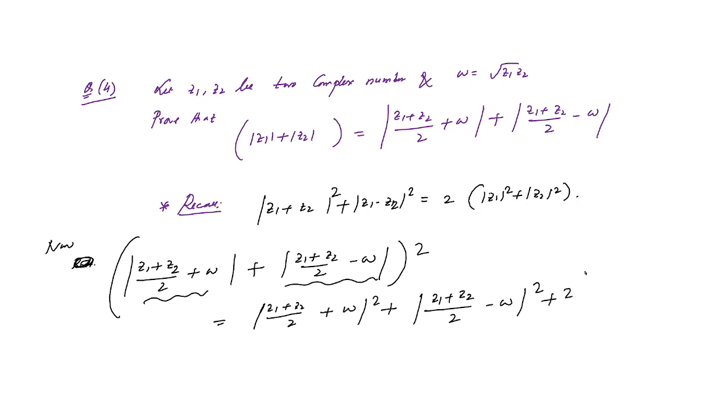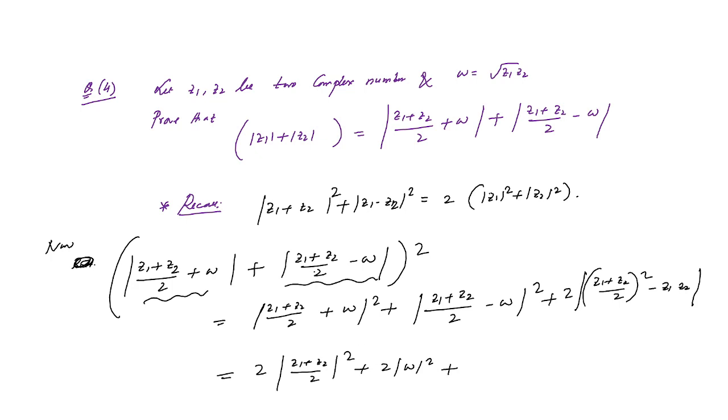So 2 multiplied by |(z1+z2)/2|² minus |w|², where |w|² is |z1 z2|. So this value will be again 2|(z1+z2)/2|² plus 2|w|².